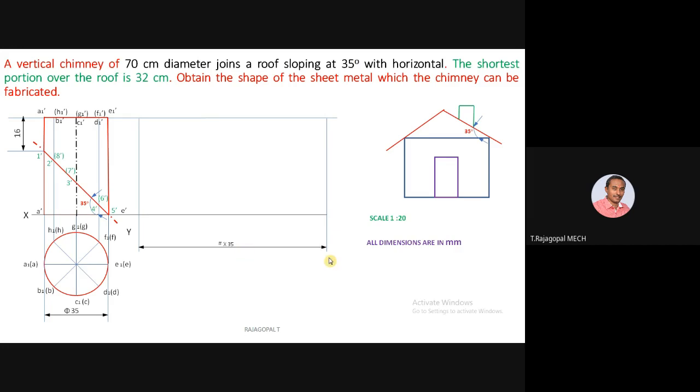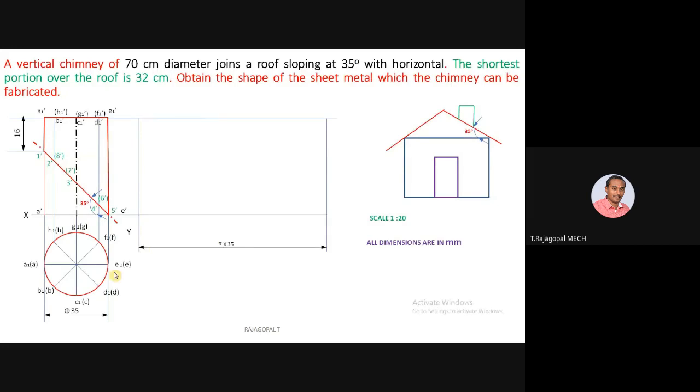In case you set a scale of 1 is to 10, it may be 70 mm, so you have to use 70 instead of 35. Always keep in mind, whatever diameter you used to draw here, that value has to be used to fix the stretch out length of the cylinder chimney.